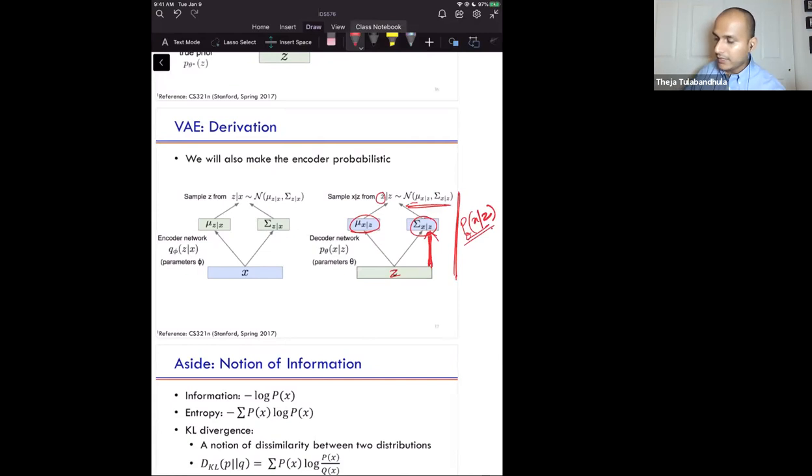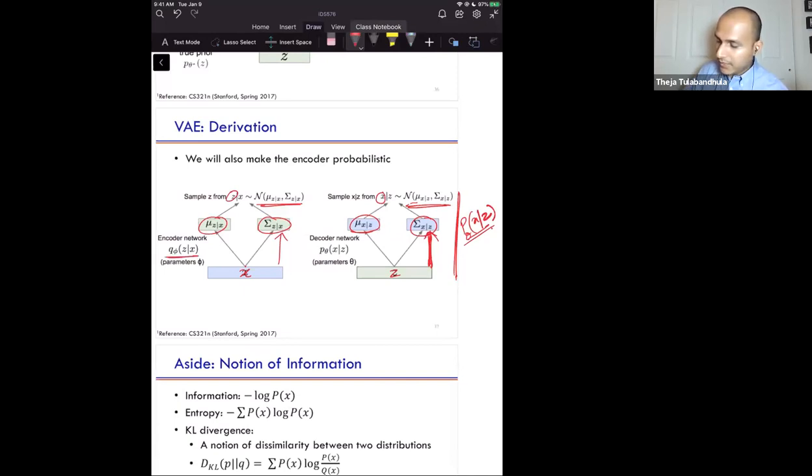Now on the encoder side, going from x, we just discussed, we're going to go from x to a mean and covariance of z given x, and then consider z to be a normal distribution given x. So now z is also a random variable. The encoder is represented by q.